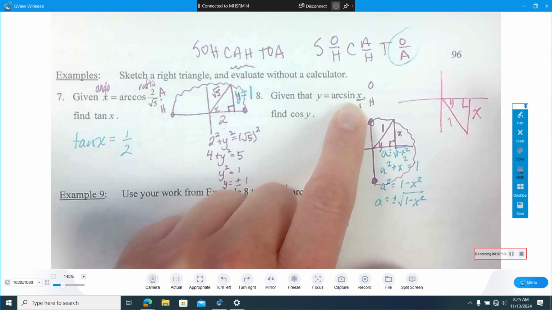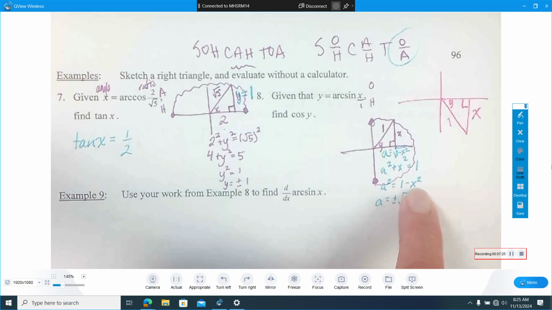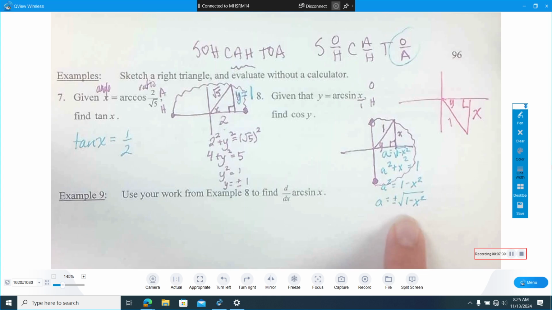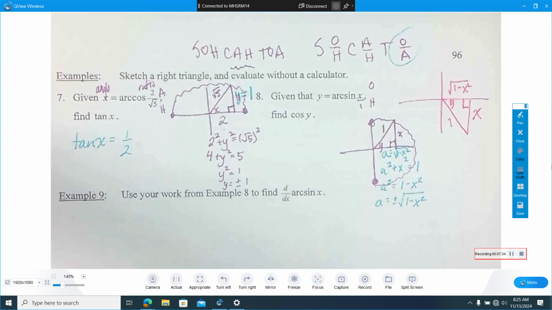To find the third side here, even if x is negative, I'm going to do the exact same thing to solve for A, but we square the x, don't we? So that really doesn't come into play, so it's always going to be positive. This is still going to be the square root of 1 minus x squared for that third side of the triangle, no matter how you draw that triangle, which is kind of interesting.